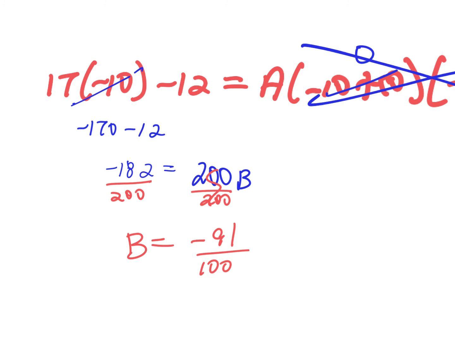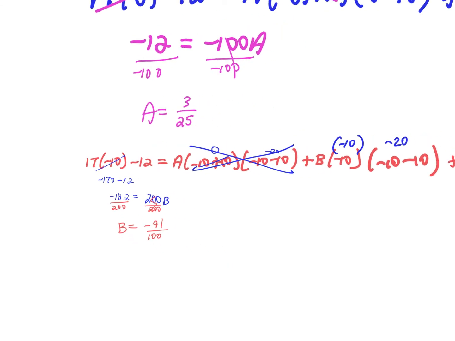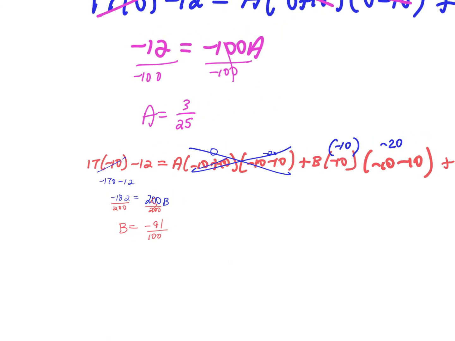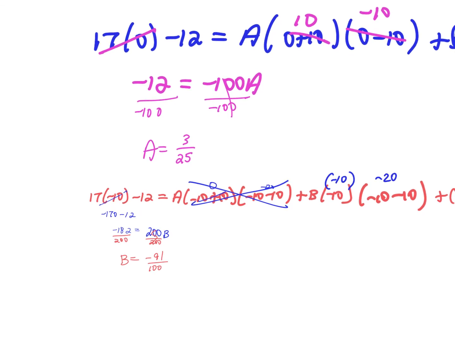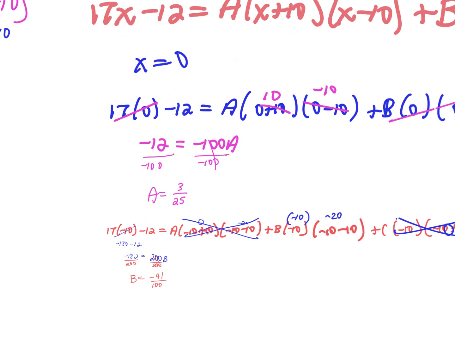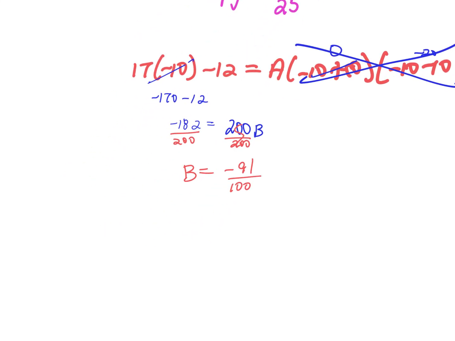So now we're going to do this problem another time. And this time, what are we going to plug in? We're going to plug in positive 10 or negative 10? Positive? Okay. So I have 17 times positive 10 minus 12 equals A times 10 plus 10 times 10 minus 10, right? Correct?